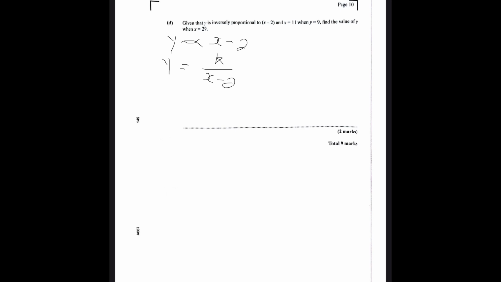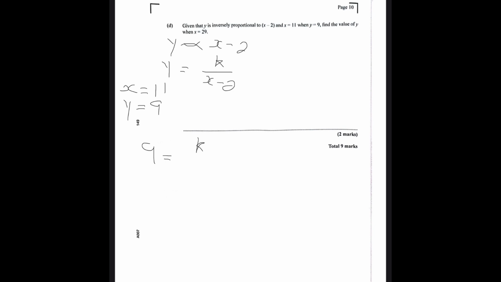In order to find this constant, they must give us some terms. If we continue reading, X is equal to 11 when Y is equal to 9. We can substitute these values into the formula to find the constant.